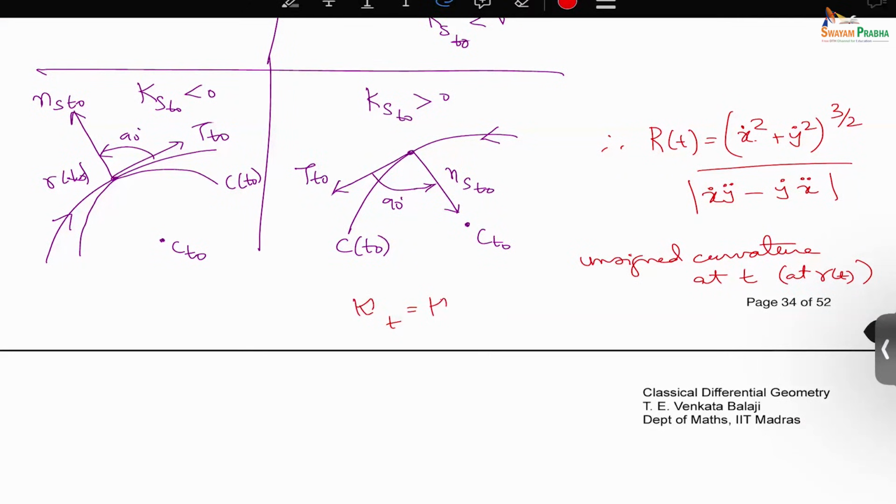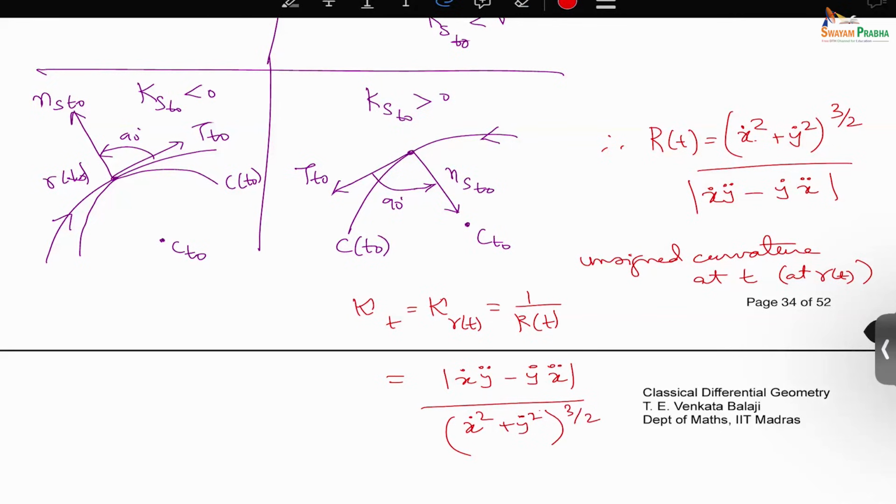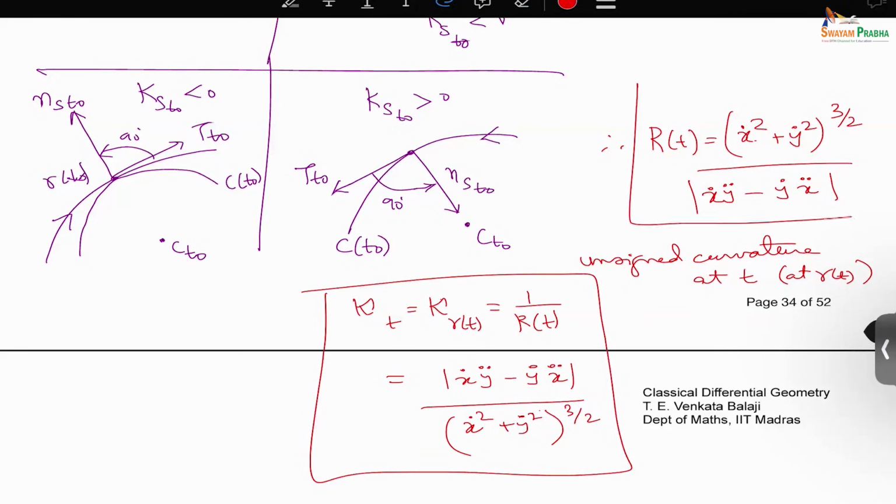Kappa t or kappa gamma t is 1 by r t, and you get this formula, namely it is the modulus of x dot y double dot minus y dot x double dot, divided by x dot squared plus y dot squared to the power of 3 by 2. Okay, this is what it is. So you have got these formulas.